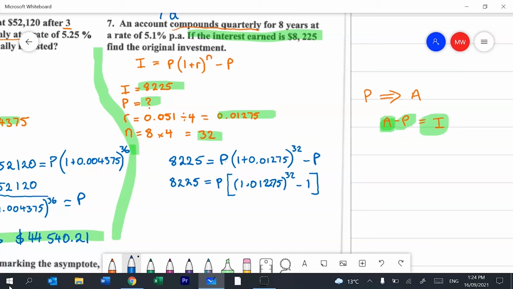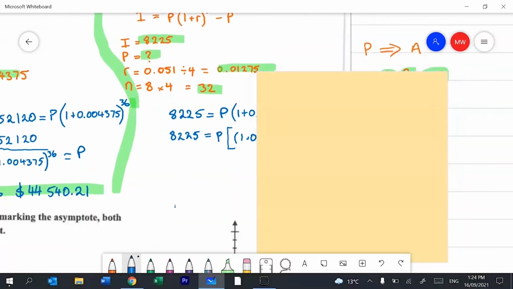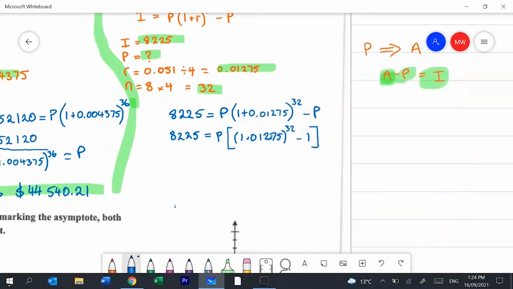Alright, now we've got to this point, we can start to use our calculator a bit. So I've got an enormous yellow box in the middle of my maths. I've got 8225 equals p times 0.49993 using my calculator there. And then I'm going to use a little bit of balance method just to tidy it up at the end.